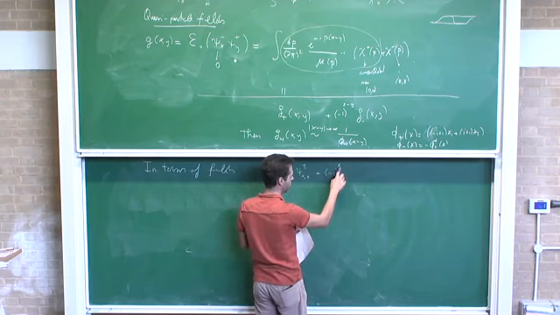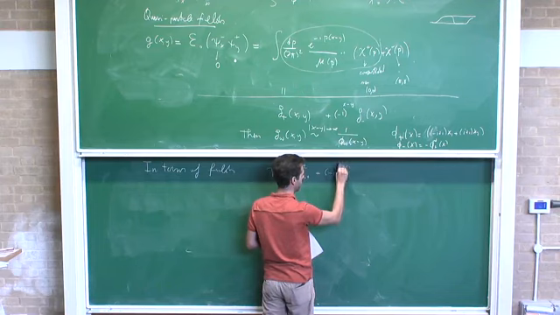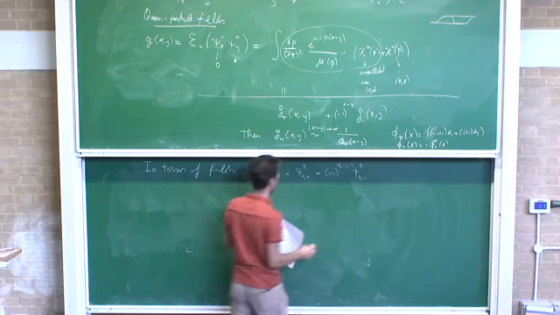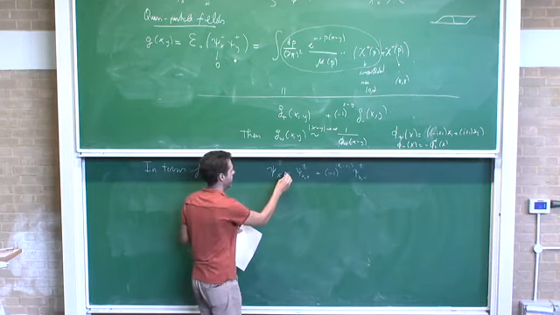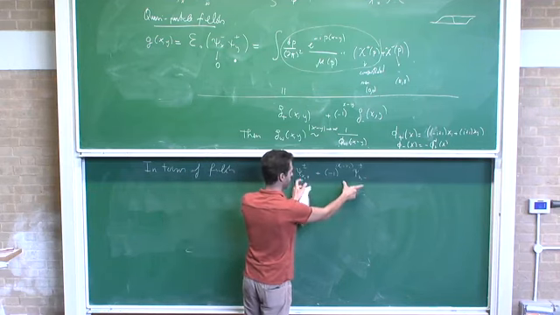When I write minus 1 to the x, x is a two-dimensional vector, I mean x1 plus x2, times C plus minus x, comma, minus. So this is a definition. I'm splitting the field into the sum of two things.